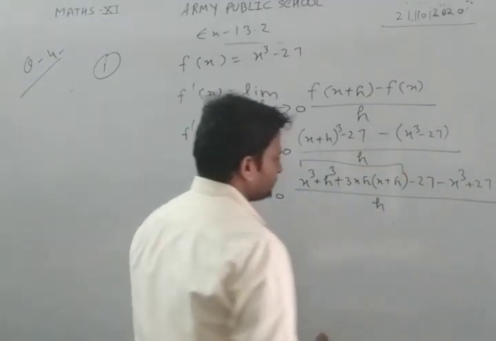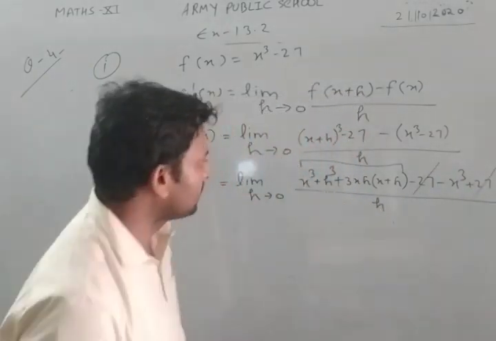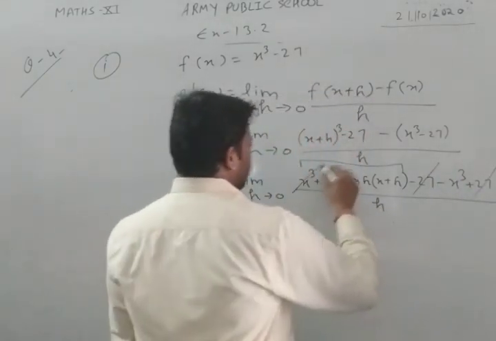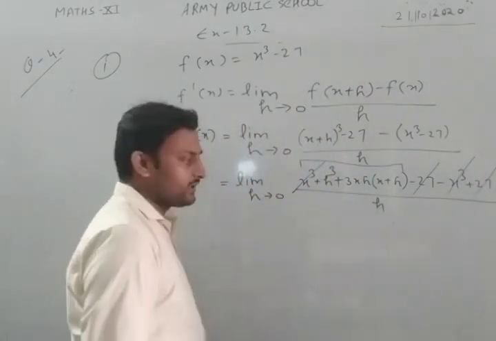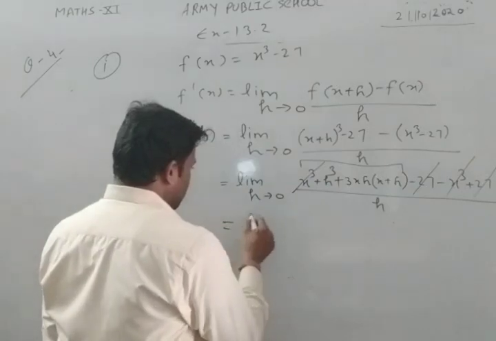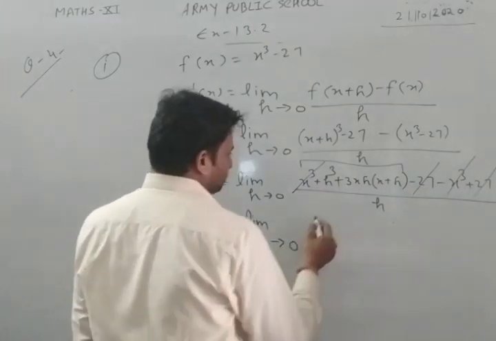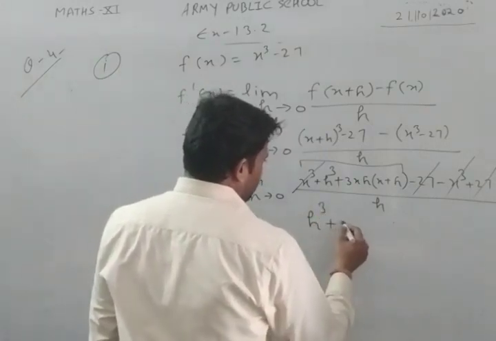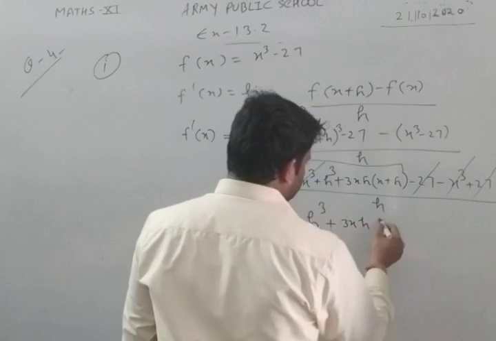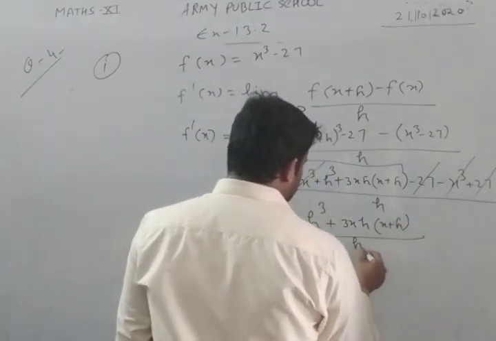Now here 27 and 27 are cancelled. Okay, and this x cube and x cube will also cancel because the signs are opposite. So in the next step what we are getting, limit h tends to 0, h cube plus 3xh(x plus h), divided by h.